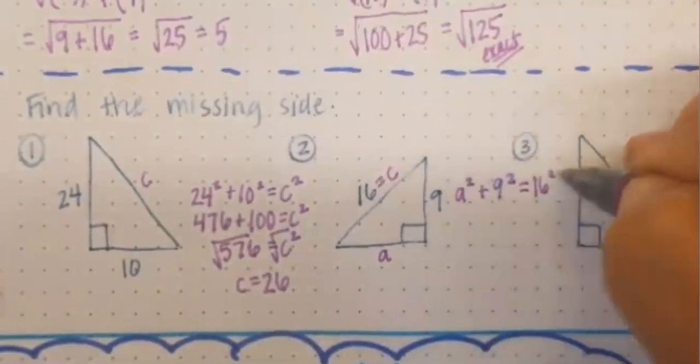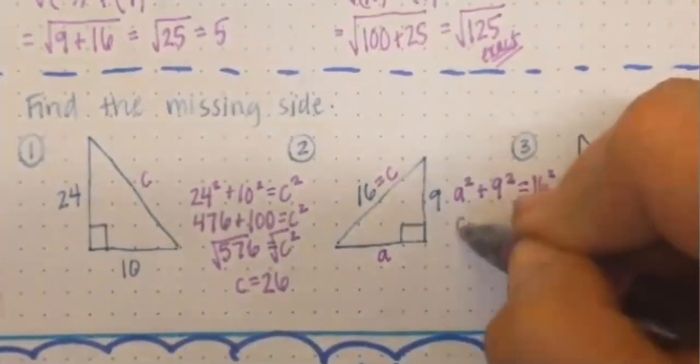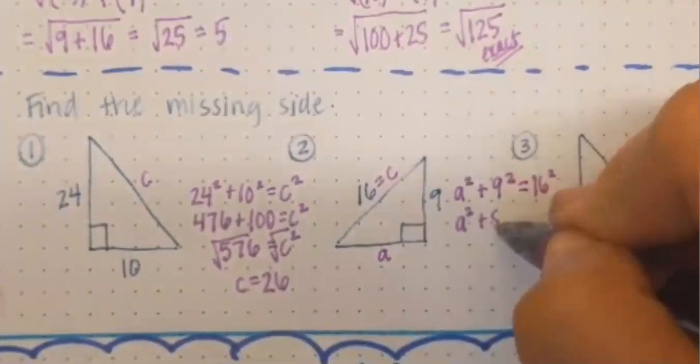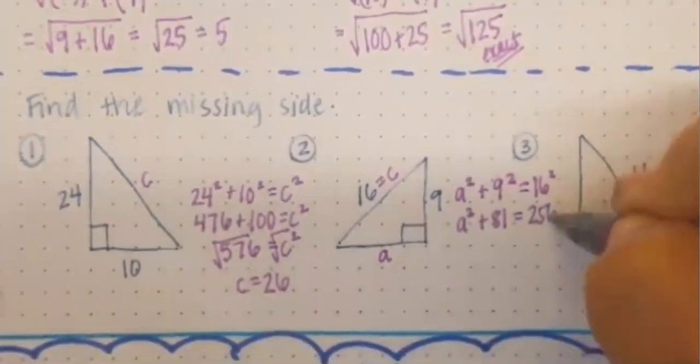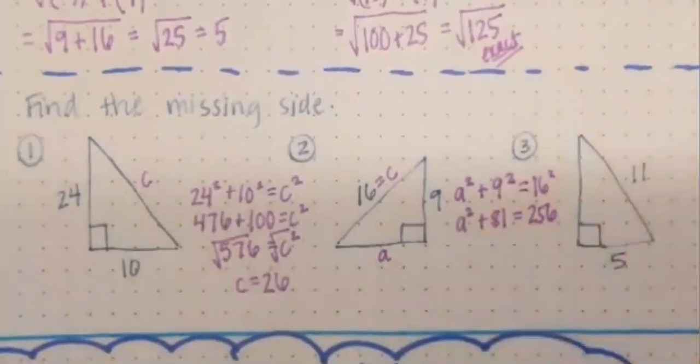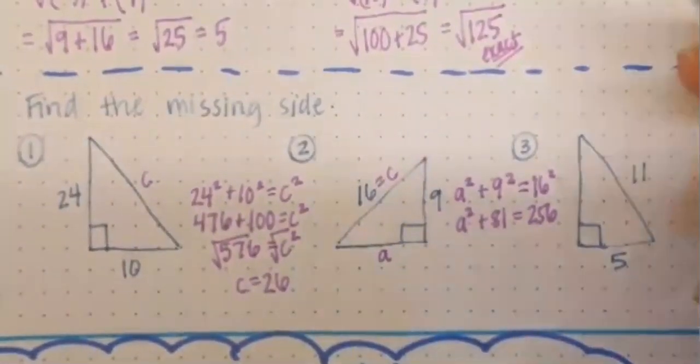Then we simplify. So A squared, 9 squared is 81, and then 16 squared is 256. All right, got to do some mental math over here. We've got to do 256 minus 81. So that's going to be 75.